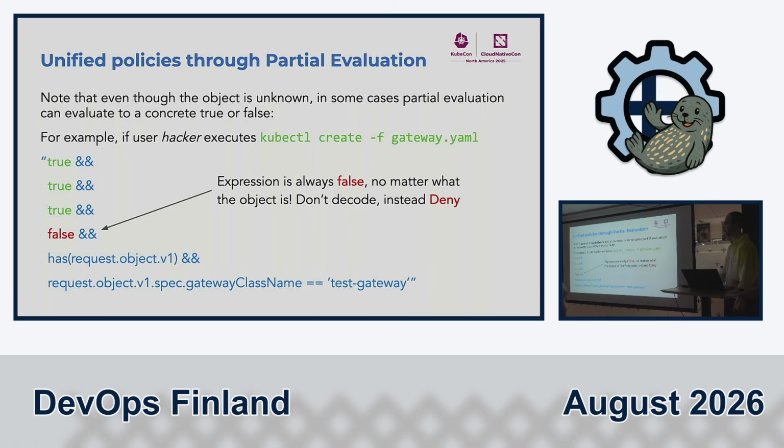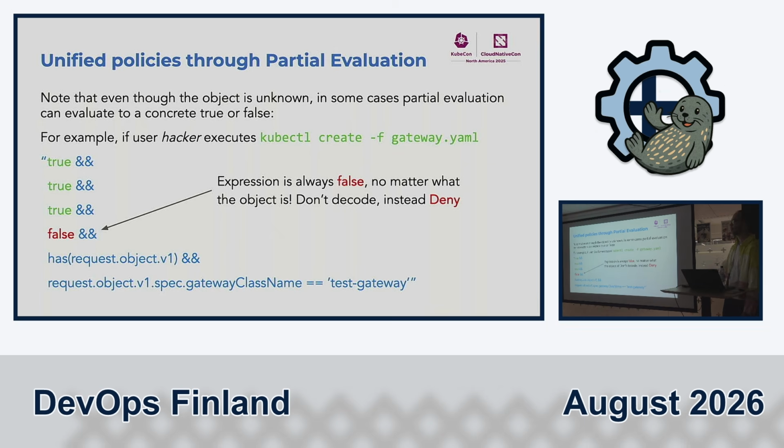That would be false, right? So now, using the rules of logic, we can say that no matter what this thing on the bottom is, whatever the object is, it cannot make this whole expression true anymore, because false and whatever is false.